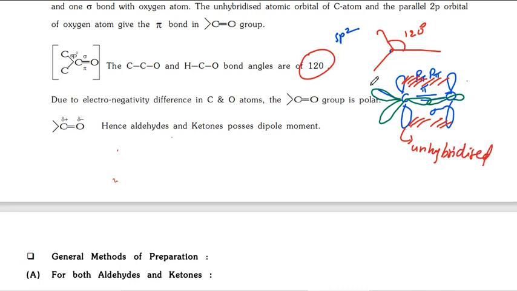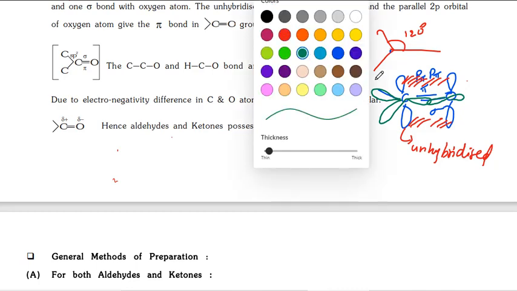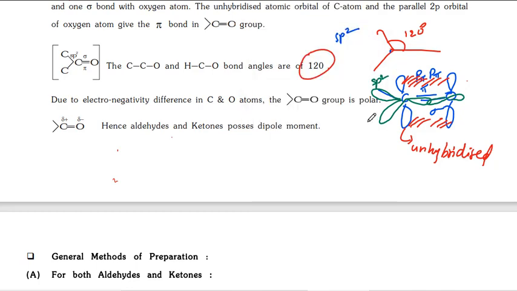This one is sp2, this one also sp2, and this one also sp2. The sigma bond is called an sp2-p sigma bond. The pi bond is a p-p pi bond.